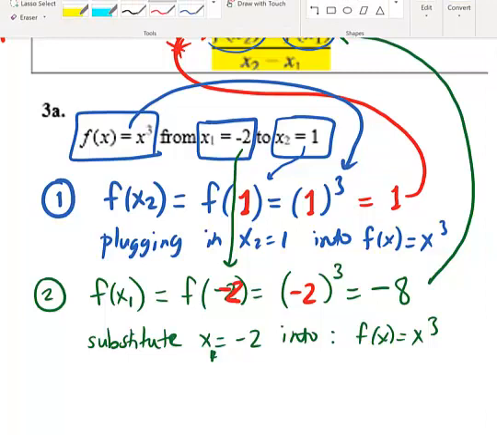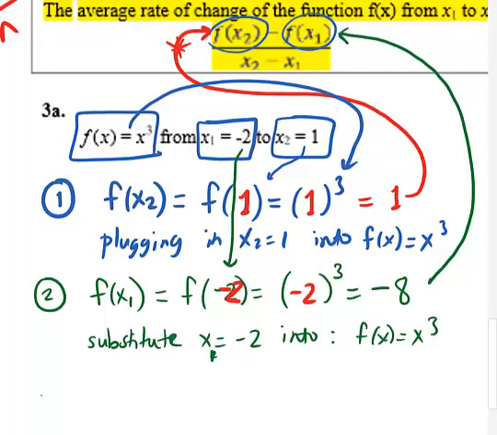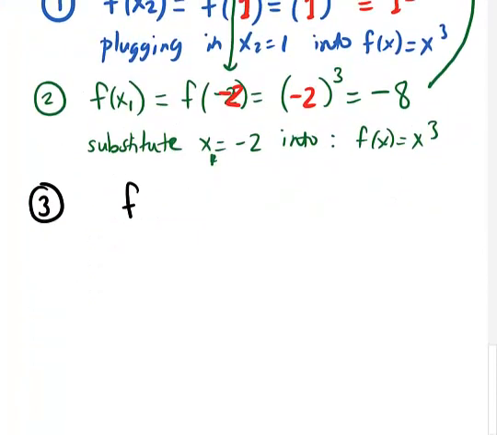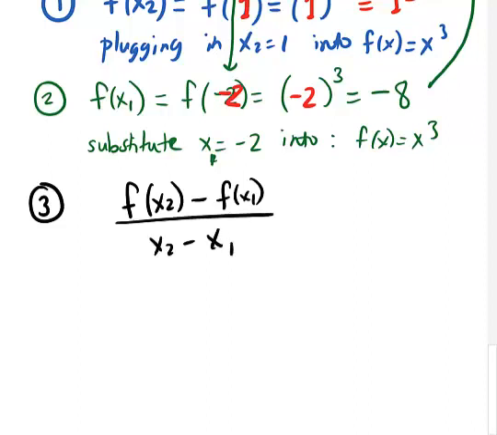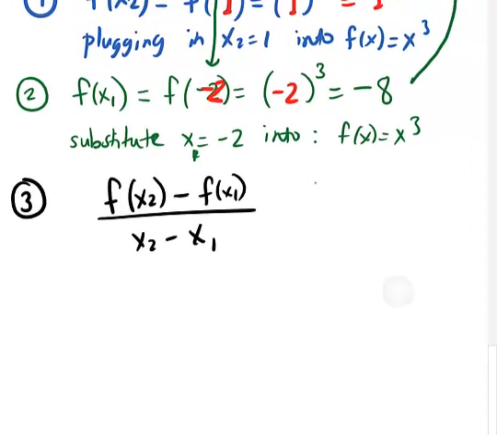Alright, so I think we're ready to plug everything in. I'm going to rewrite the formula so I have it down: f of x2 minus f of x1 over x2 minus x1. And if you have time or you're more organized, you can gather your thoughts over here.